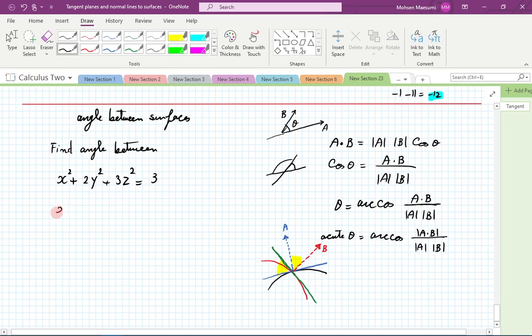So we have two surfaces now: x squared plus y squared plus z squared, plus 6x minus 10y, plus 14. Let me make sure, yeah, there's no z in it, it's just a 14, equal to 0. That's all. We want to find the angle between these two.